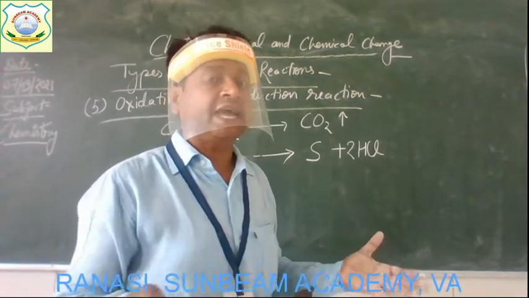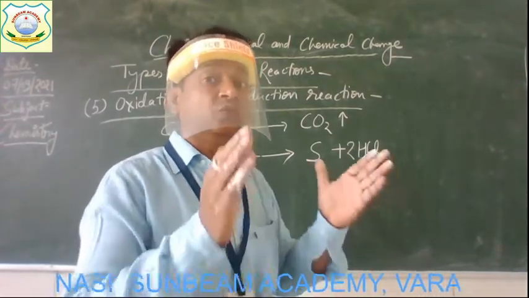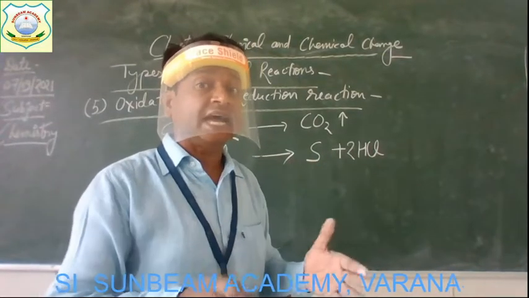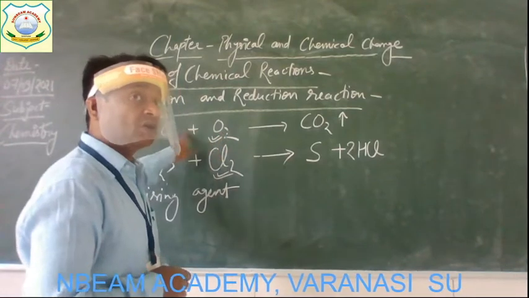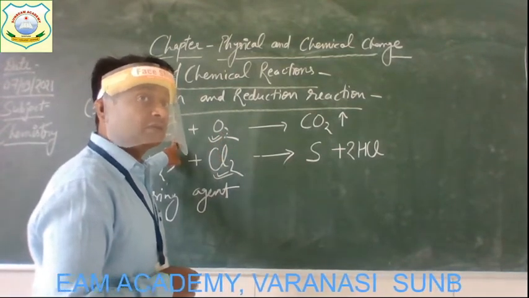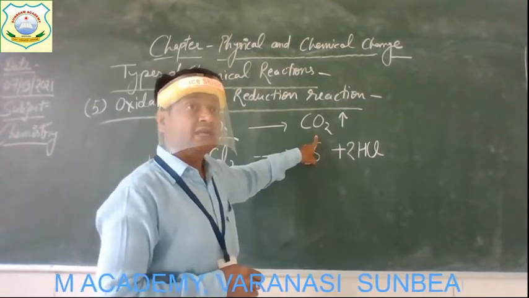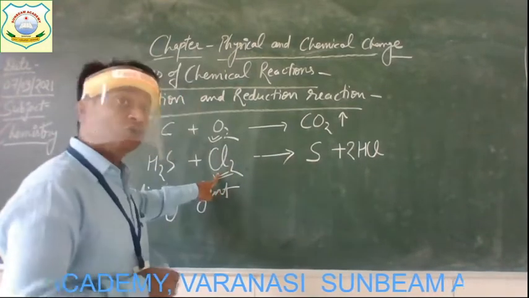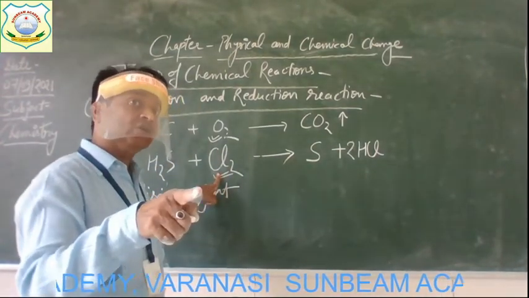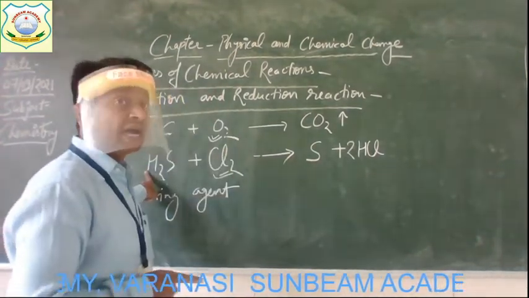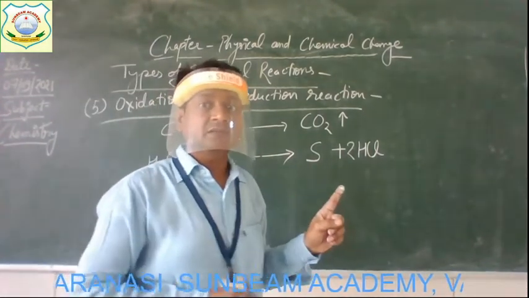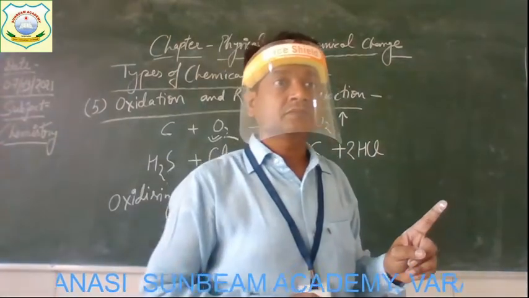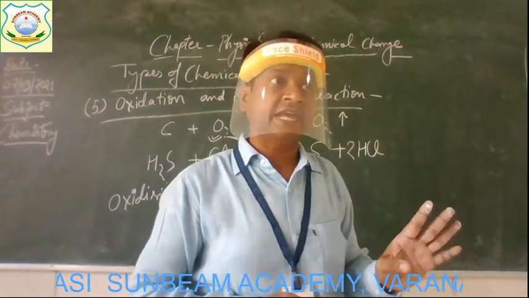Simply, you can say that the oxidizing agent is one that oxidizes another substance. Here oxygen has oxidized the carbon to form carbon dioxide, and here chlorine is the oxidizing agent which has removed the hydrogen. Understood? Clear now, this oxidizing agent?